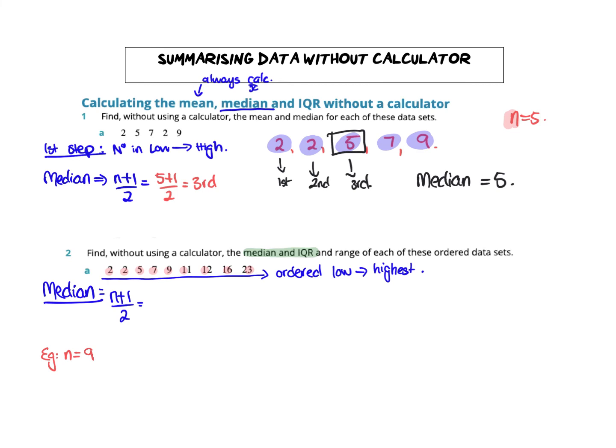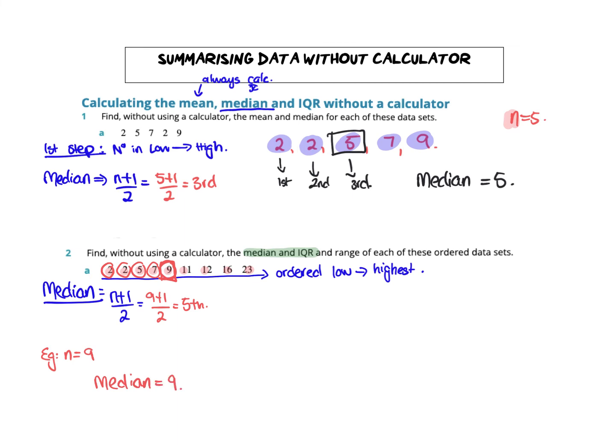So the median will be 9 plus 1 divided by 2, which will be the 5th spot. If I count out 1, 2, 3, 4, 5, this one is the median. So we found in this example that the median is 9. Okay, so that's the middle data.